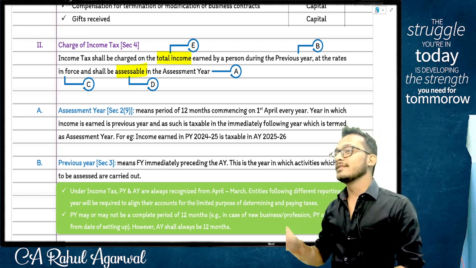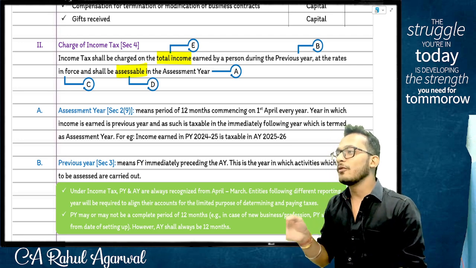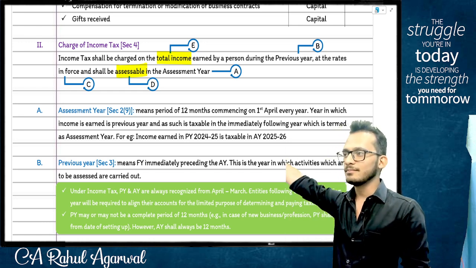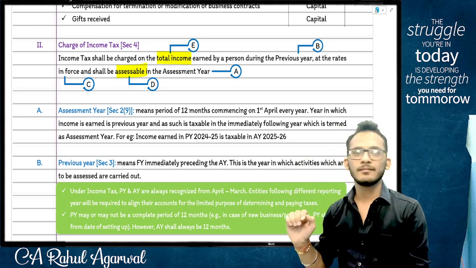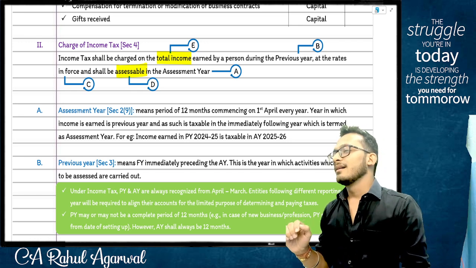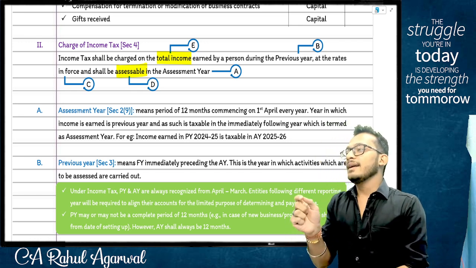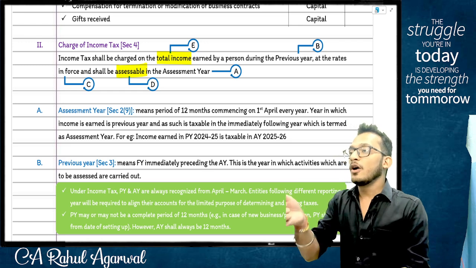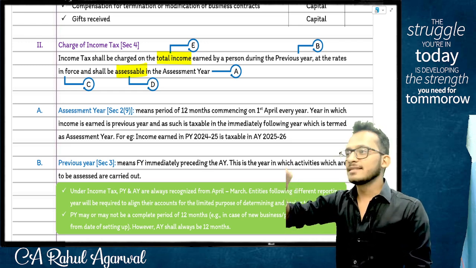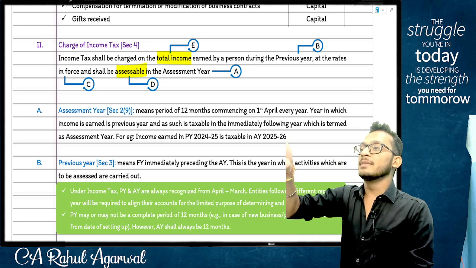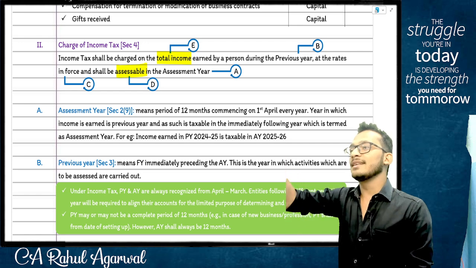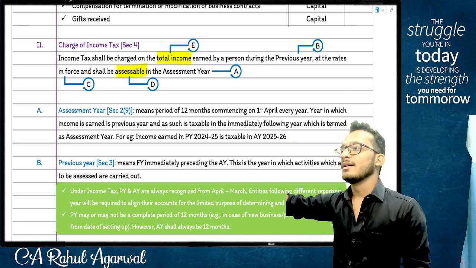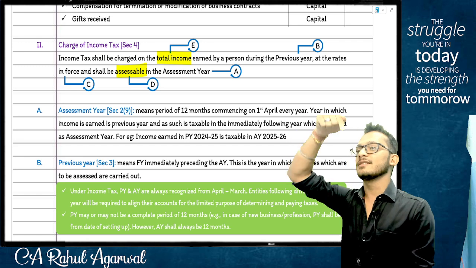Now I'm in 25-26, assessing my income of 24-25. Now the question: my Income Tax Act came in 1961, for financial year 61-62, which means I earned income in 61-62 and assessed income in 62-63. The Income Tax Act is interested in income or tax, which means it is more interested in 62-63 or 61-62.